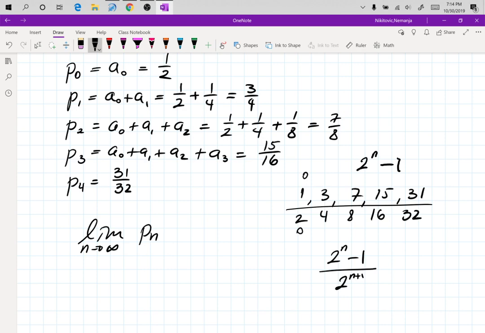Yeah. Then it's 0. So it's going to be 2 to the n plus 1 minus 1. Okay. Fixed it. Oh, you want to start counting at 1? Well, I started at P0 over here.